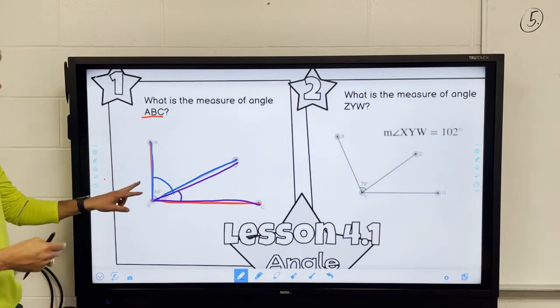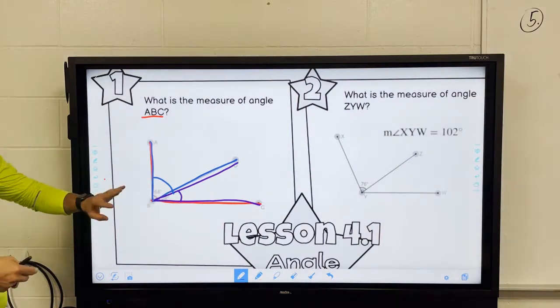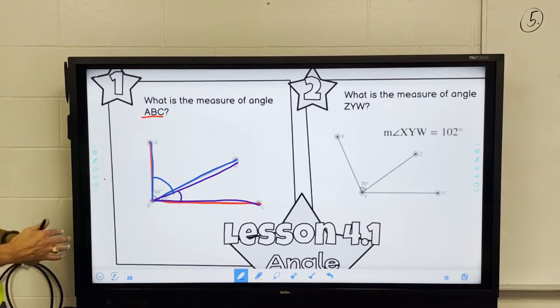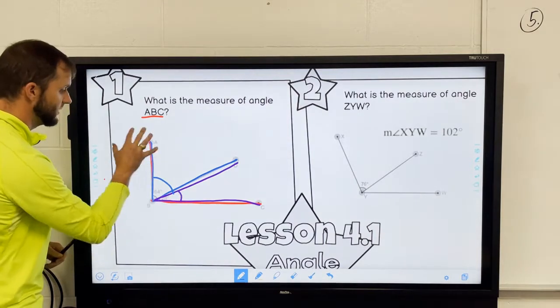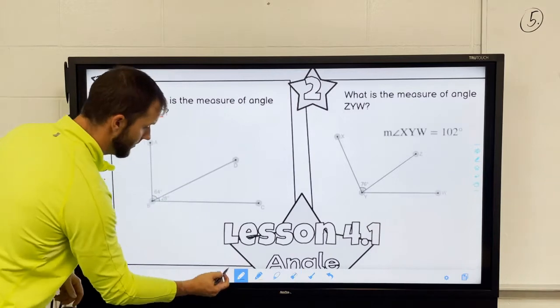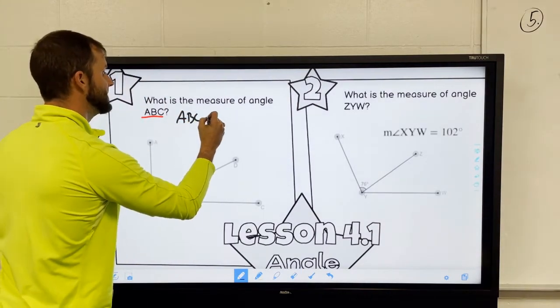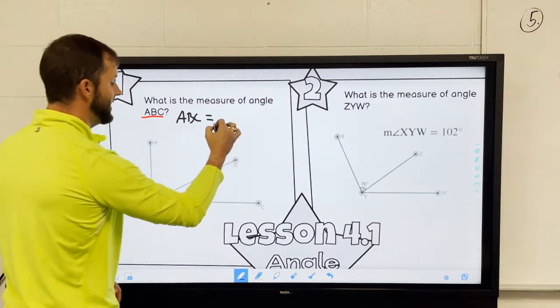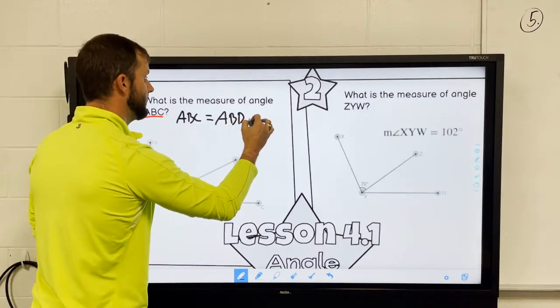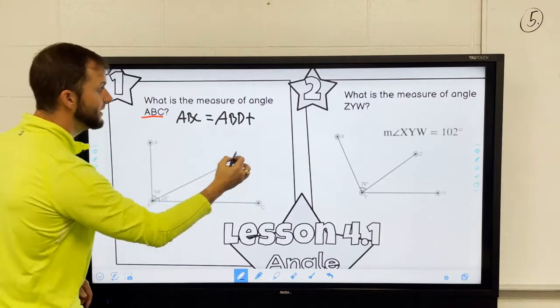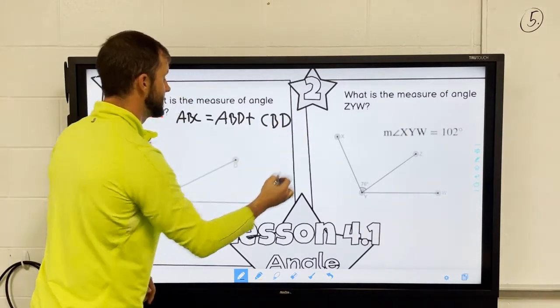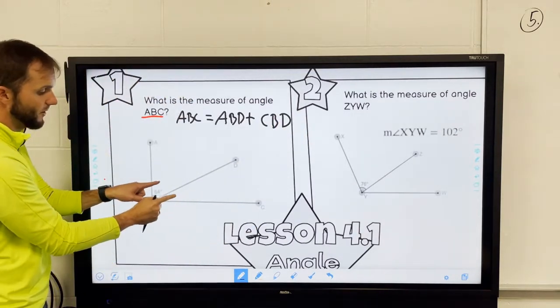So literally all I have to do is add those two angles together, because that's what is going to be ABC. Let's write that out visually so we can see it. Angle ABC is equal to ABD plus CBD. So ABC is being made up of those two angles.